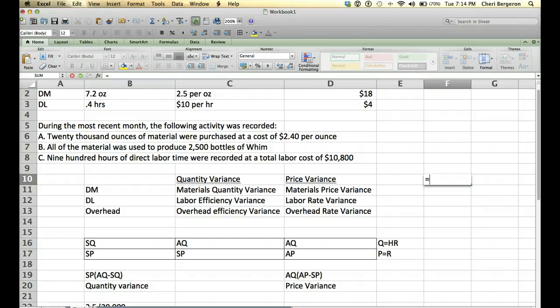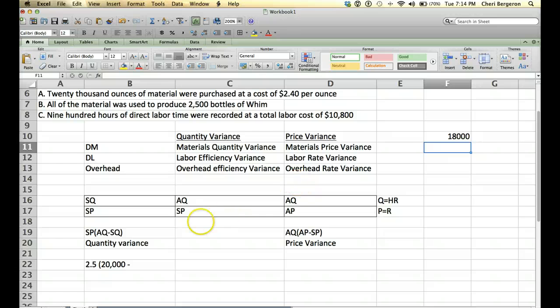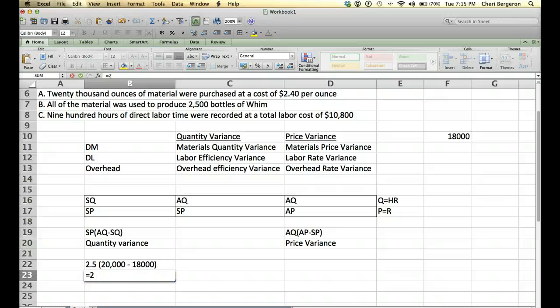So that equals 18,000, which is going to be my standard. So I can now say 2.5 times 2,000, and that means that my quantity variance is 5,000.